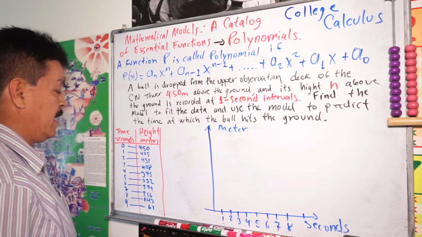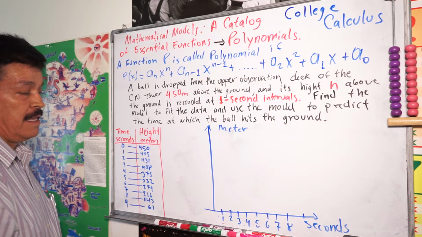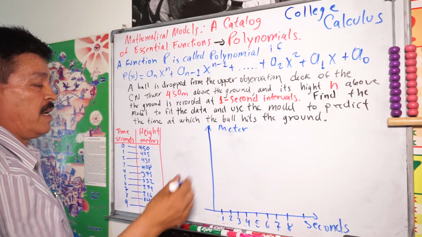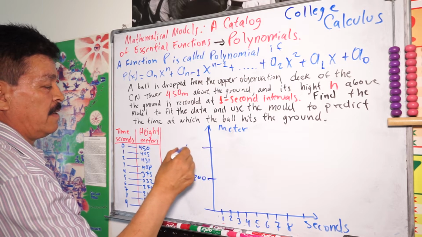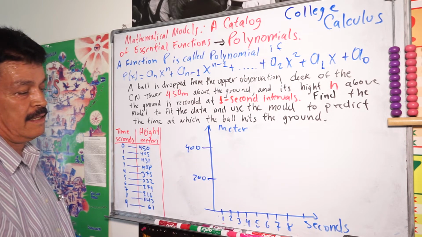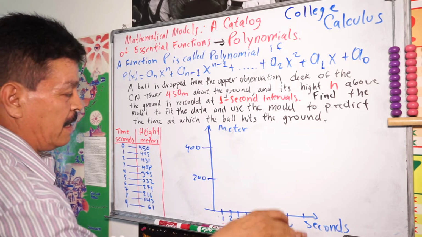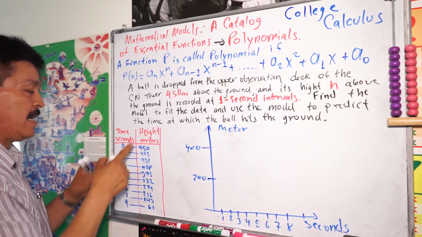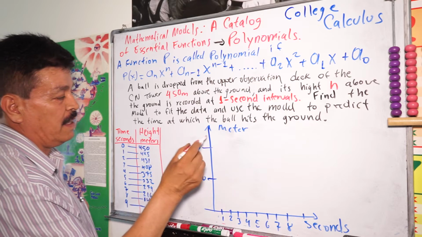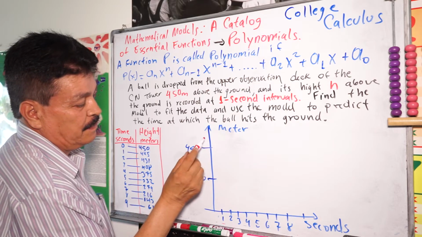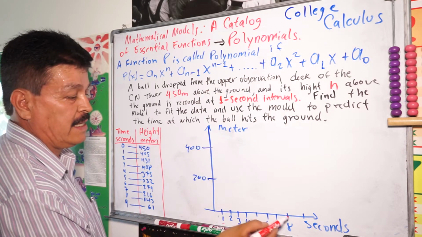And then the height, or the meters, we have like 200 and then 400 like this, right? And then the lines, the line here is also 450.